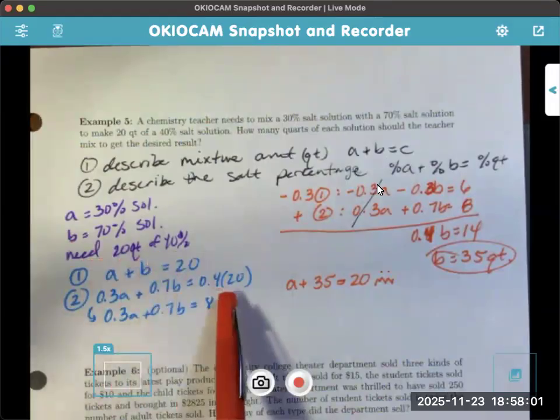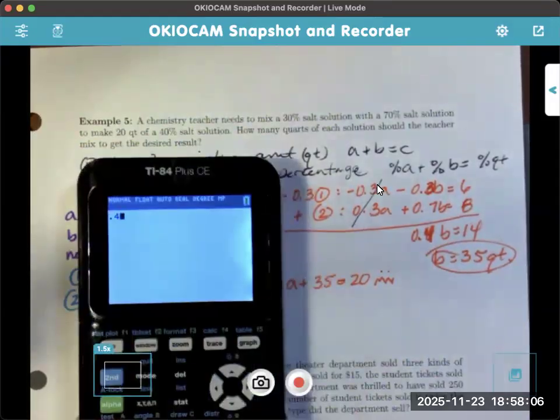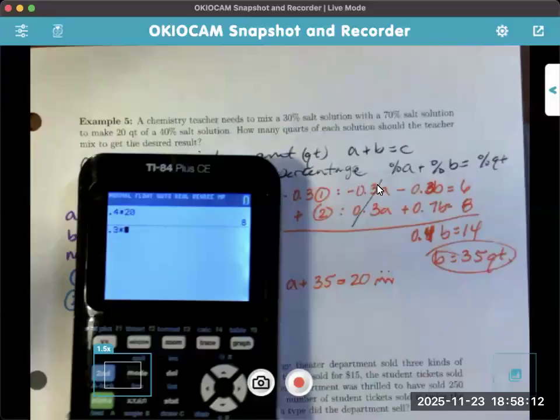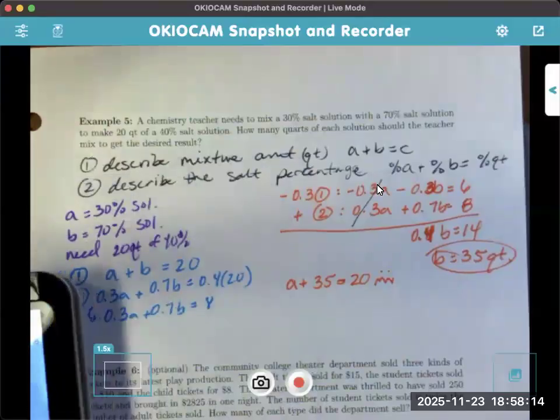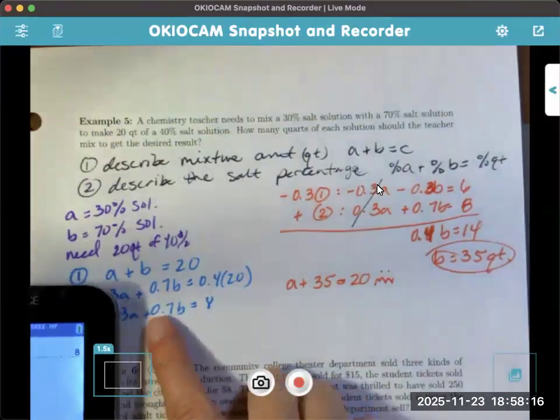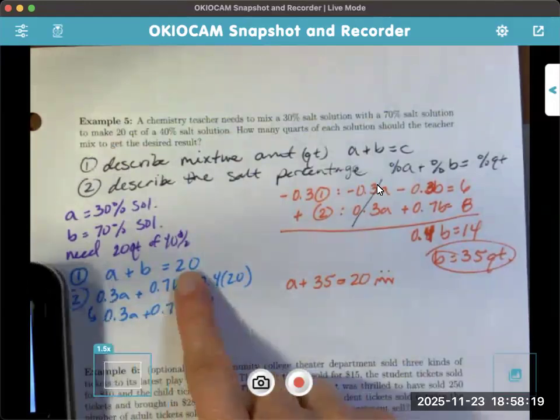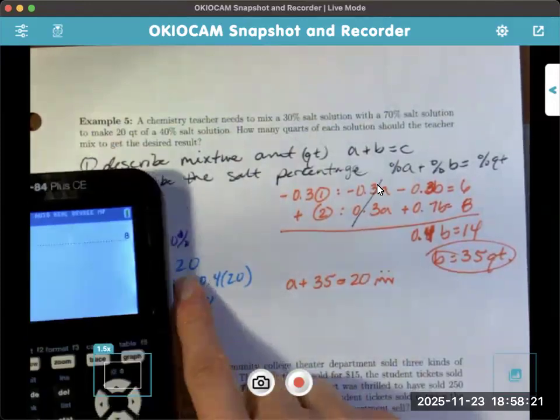40%. Let's just check our numbers. 0.4 times 20. Yep. 0.3. Oh, is that what it is? No. 0.3 times equation 1. No, yeah, okay.